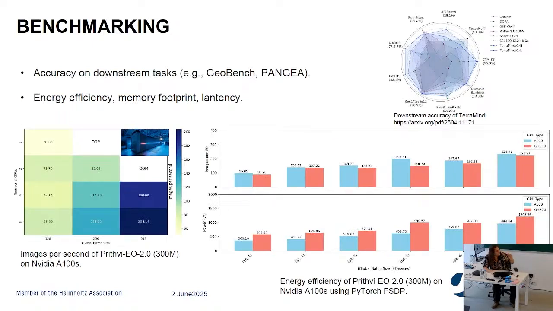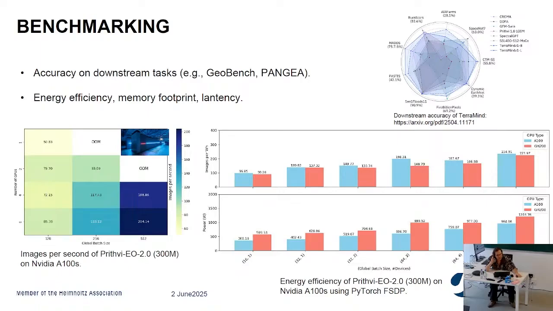Now, I was mentioning already that in the last couple of years, with the emergence of geo-foundation models in our domain, it also became clear that benchmarking is important. And by benchmarking, I don't mean simply accuracy. I don't mean simply running on a bunch of downstream tasks, classification, regression, or whatever.